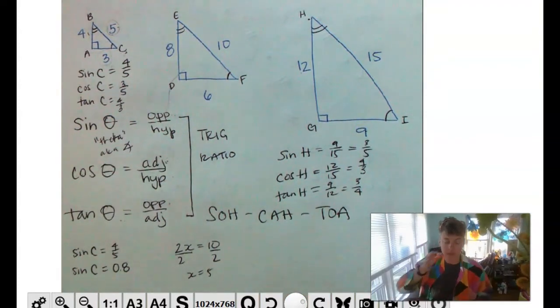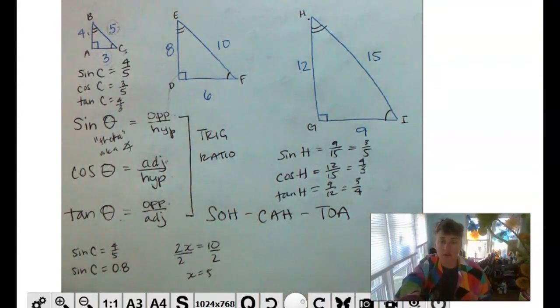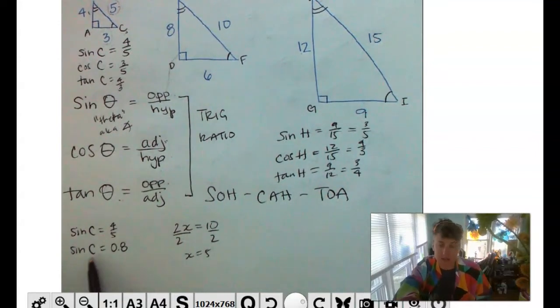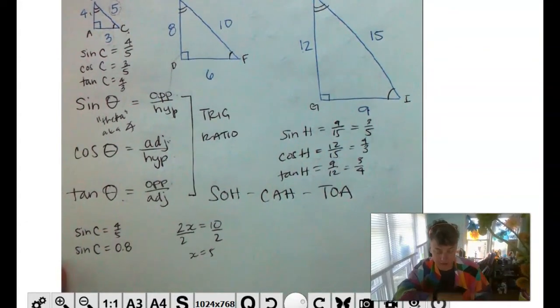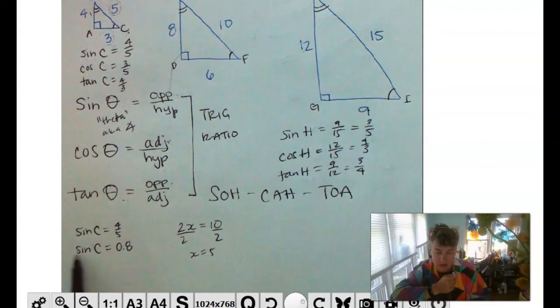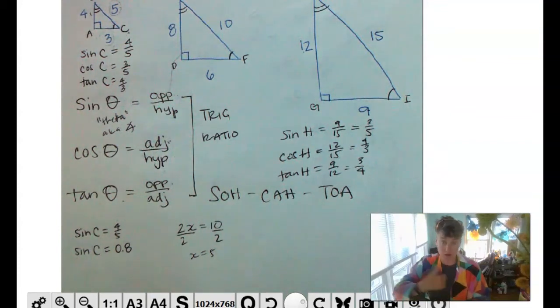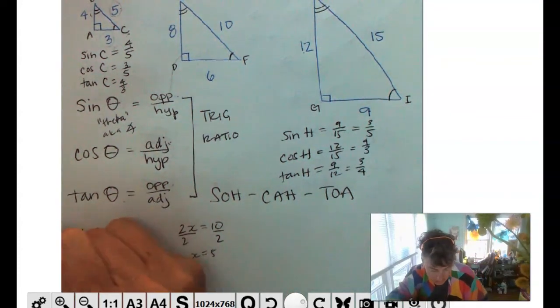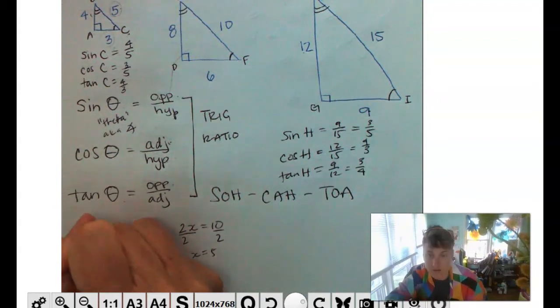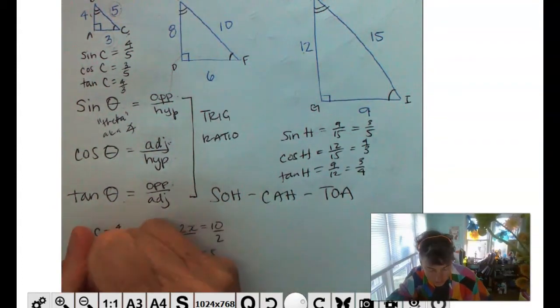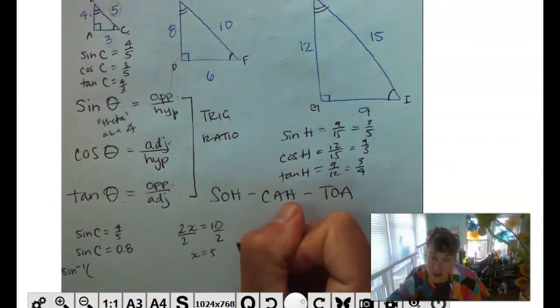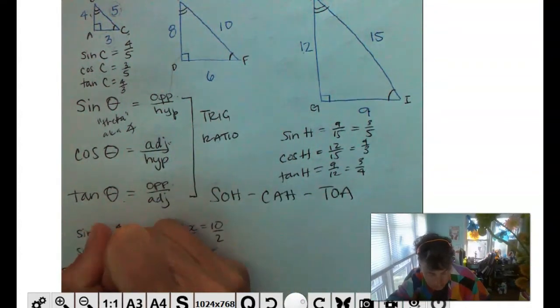Cool. So here, if we want to get C by itself, we need to get rid of the sine in front of it. So we are going to do the inverse operation, which is called sine inverse. We're going to do that to both sides, just like here we divided by 2 on both sides.